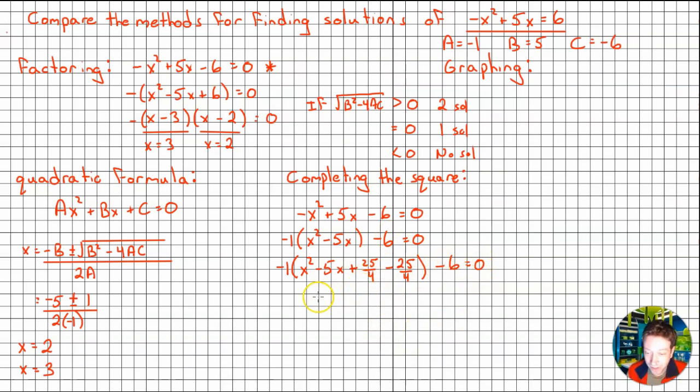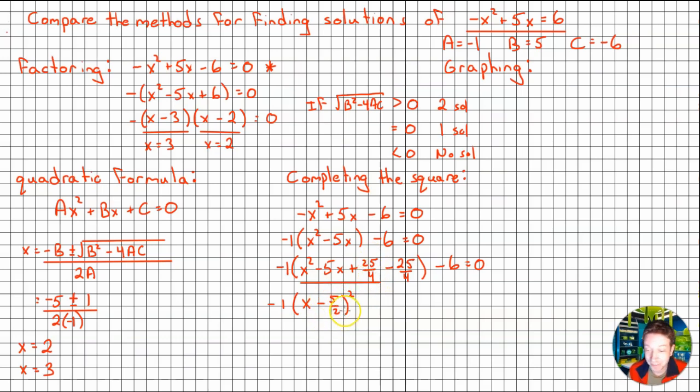All right, so right here we have a perfect square. I can rewrite that as x minus 5 over 2 squared. Because if you think about it, 5 over 2 times 5 over 2 gives us 25 over 4.